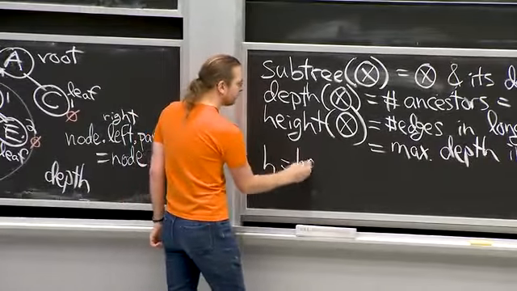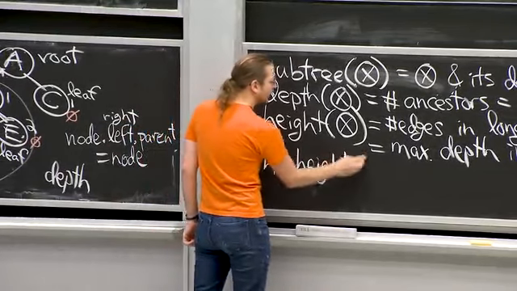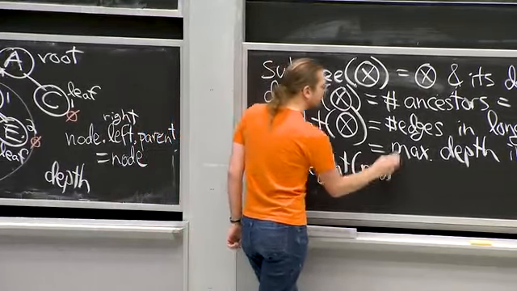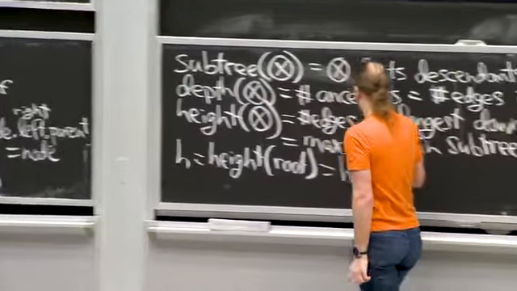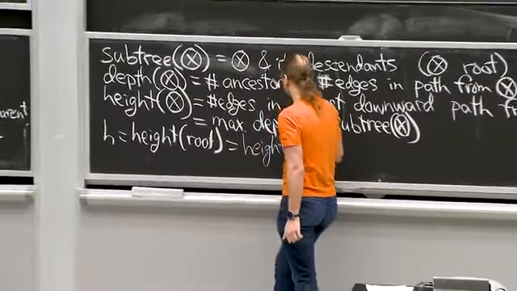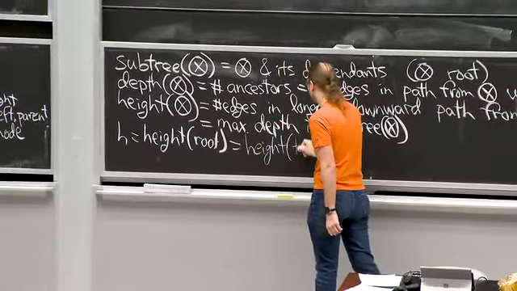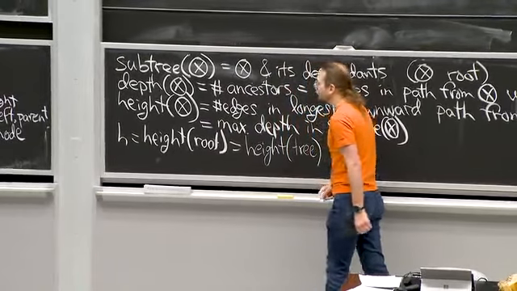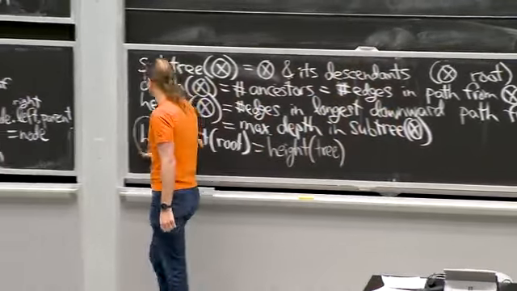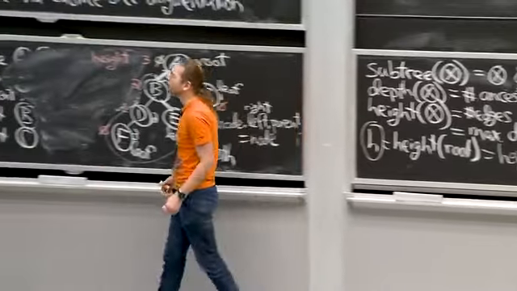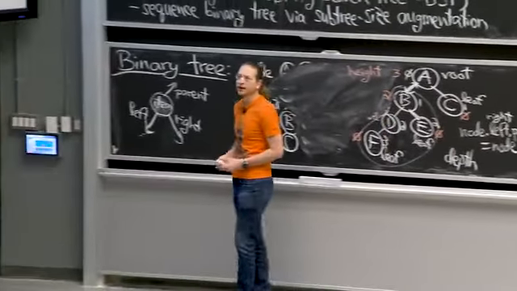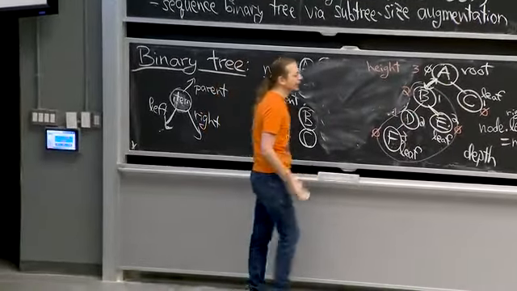Well, one thing we care about is just the height of the overall tree, which is the height of the root. And I'm going to call that h because we're going to use it a lot. And what we're going to achieve today is all of these running times, instead of being log n, they're going to be order h.